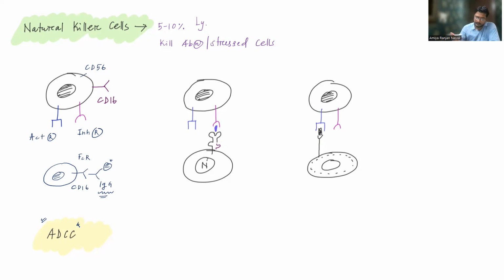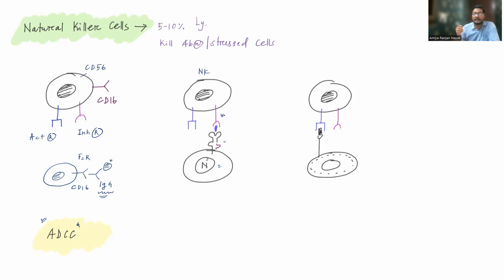Okay, now coming to the second scenario. So if you see, this is an NK cell. The NK cell will have activating receptors and inhibitory receptors. Once NK cells encounter a normal cell of the body, as we all know, all the nucleated cells of our body are going to have the MHC class I molecules. And sometimes these MHC class I molecules can present the self antigens to the NK cells, or sometimes to the T cells also, that we have discussed in the adaptive immune system. Okay, so basically the inhibitory receptor of the NK cells can identify the MHC class I molecules.